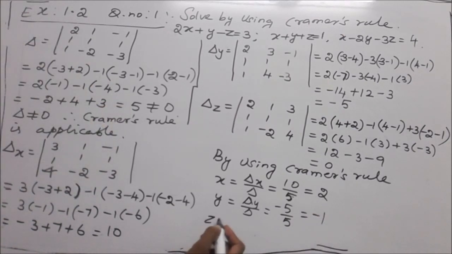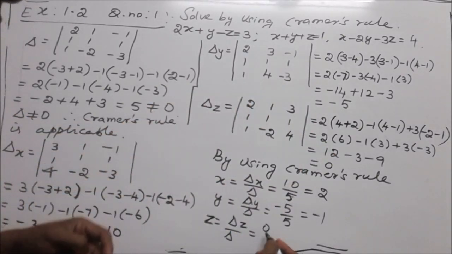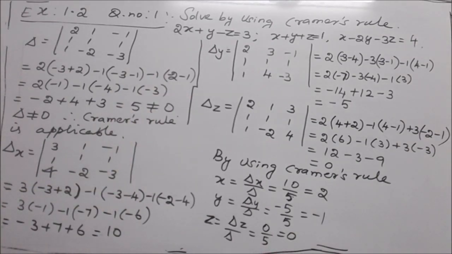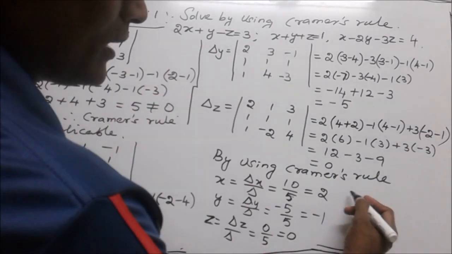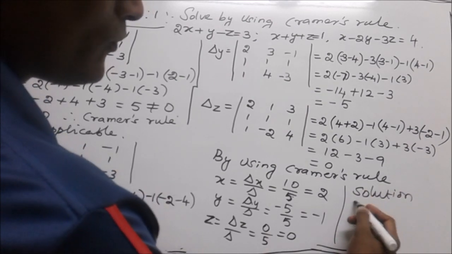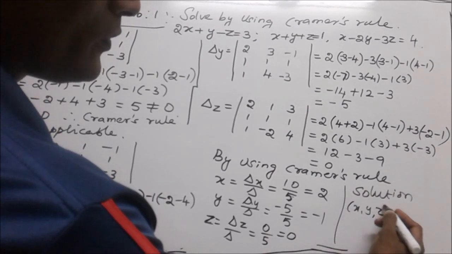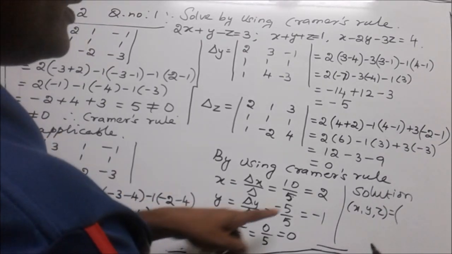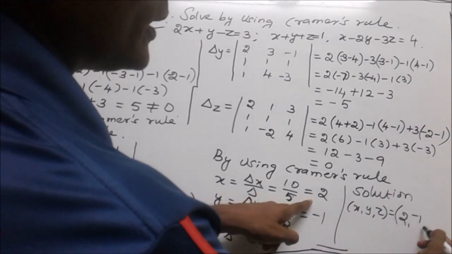And z equal to delta z by delta, that is equal to 0 by 5 equal to 0. Therefore, the solution x comma y comma z equal to 2 comma minus 1 comma 0.